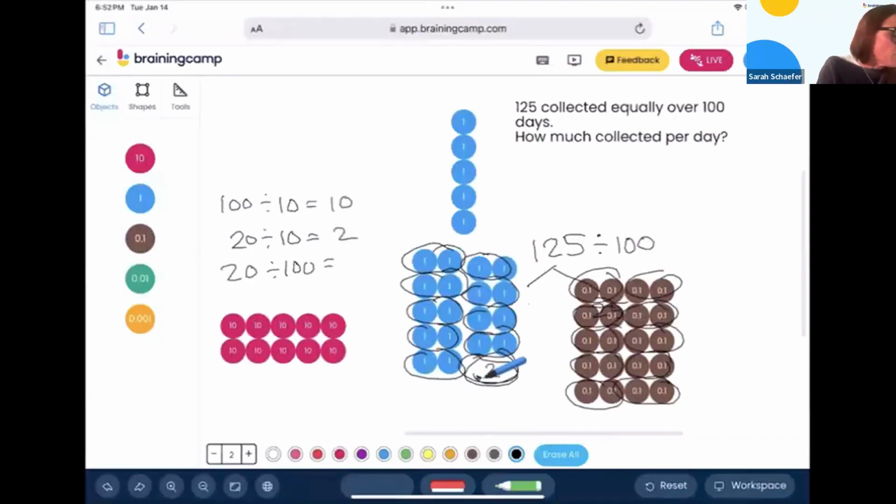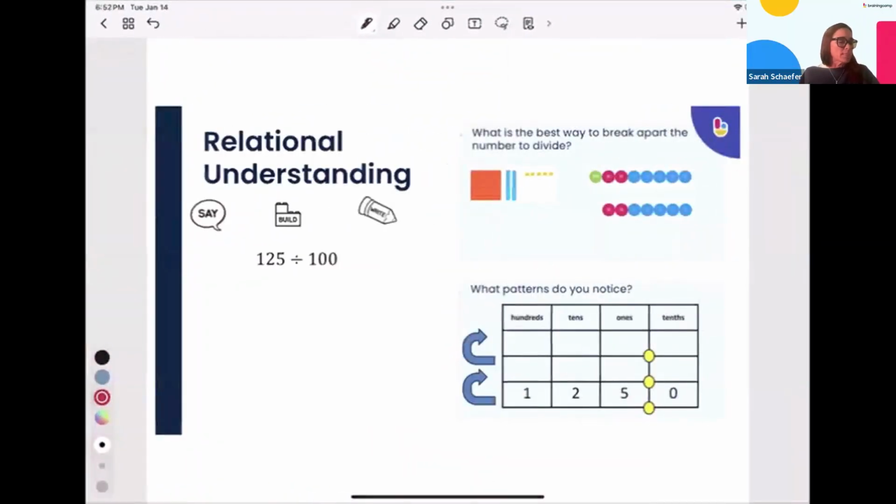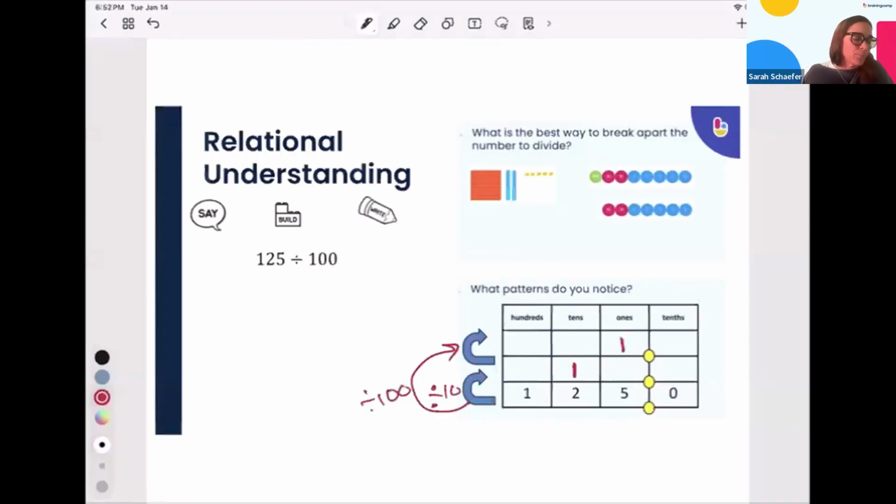So as we move through this, it's getting really crowded here. Can we start to look at what was happening when we divided by 10? When we took that 100 and put it into 10 groups, we got 10 in each group. And then when we took that 100 and put it into 100 groups, we've got 1 in each group.